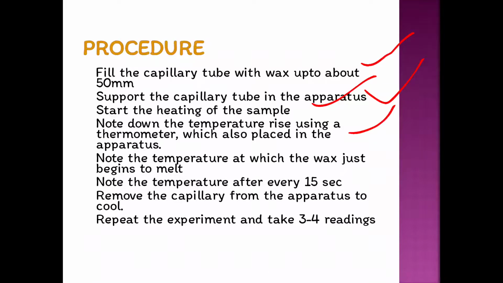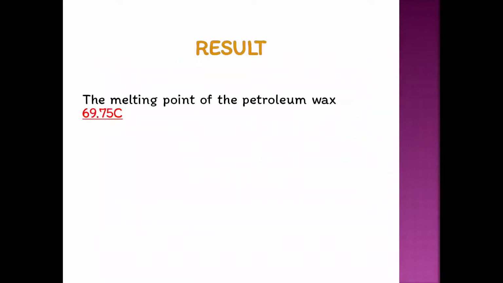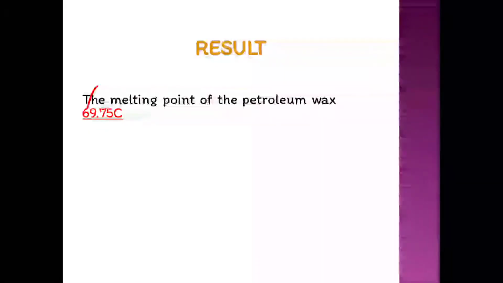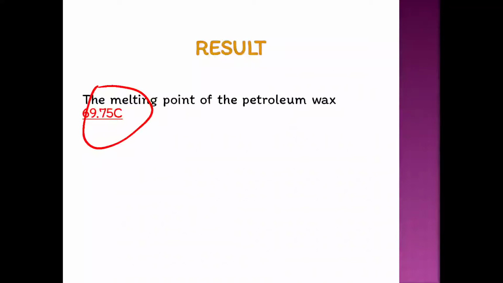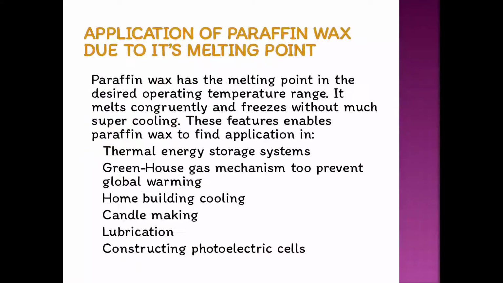Okay, then we will note down the temperature at which the wax just begins to melt, and we will note down the temperature after every 15 seconds, and remove the capillary from the apparatus to cool, and we will repeat the experiment and take 3-4 readings. Okay, so this is all about procedure. And after the experiment, for our sample we get 69.75 degrees centigrade. This may vary depending on your sample and experiment.